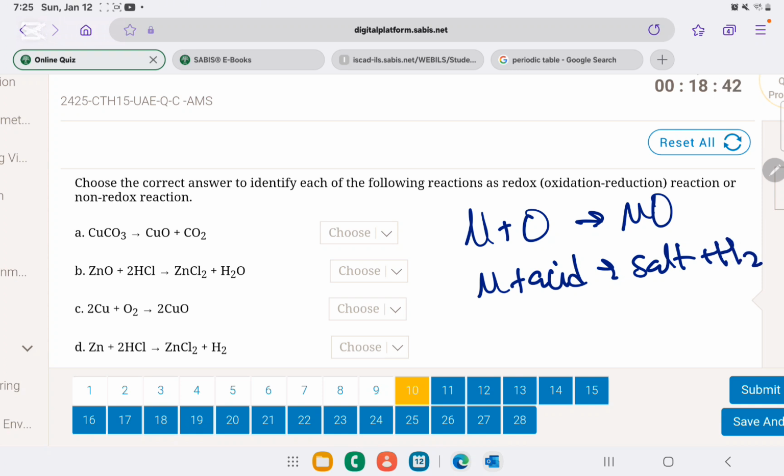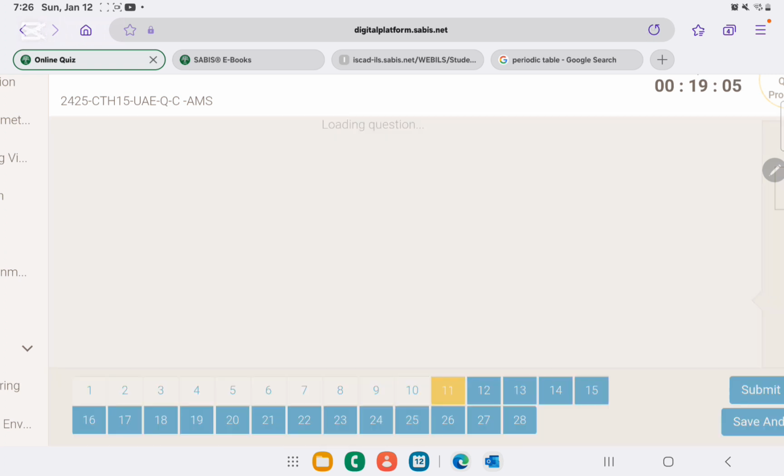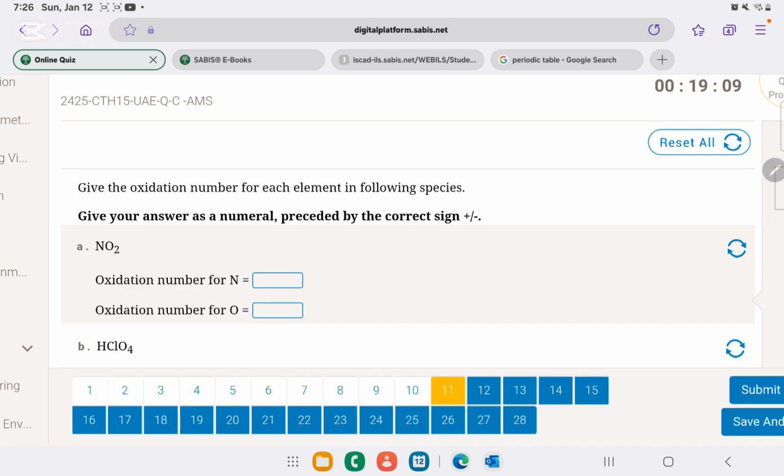If you're not sure, double check the oxidation numbers and make sure one element's oxidation number increases and the other decreases, because that's basically a redox reaction. So it's not the first one or the second one; the last two are redox, and the others are non-redox.